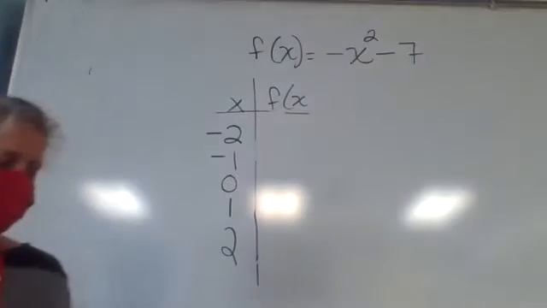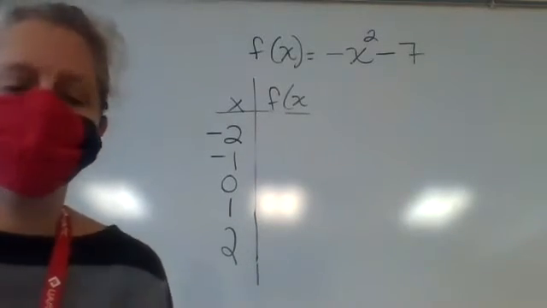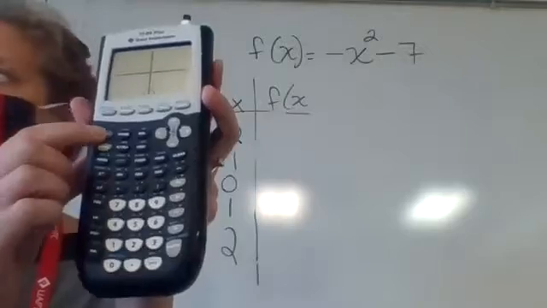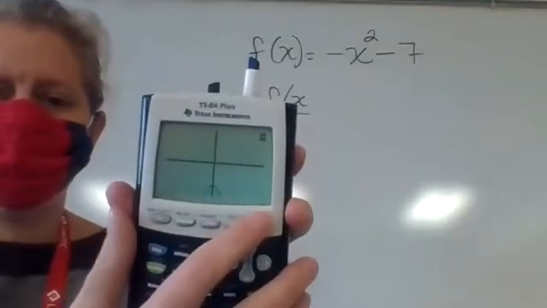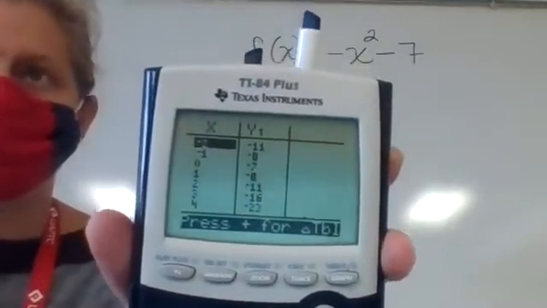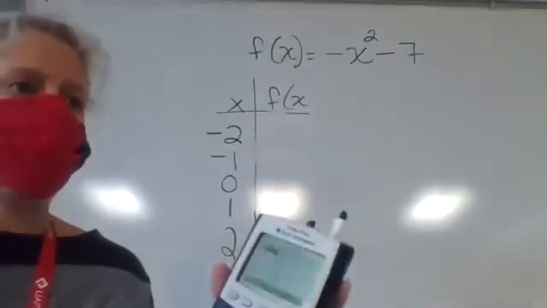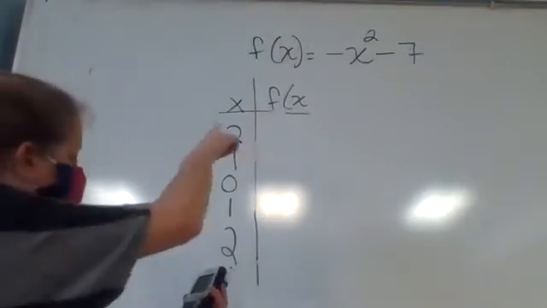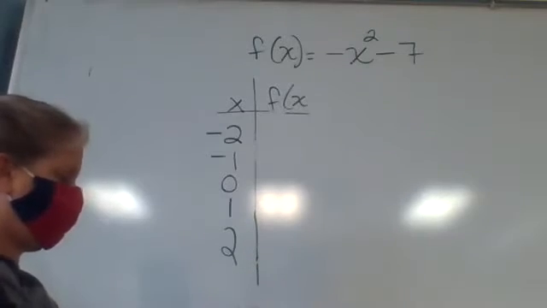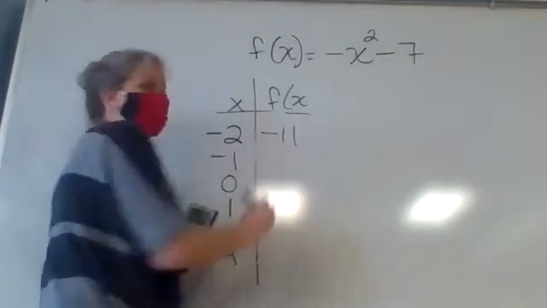So let's see. Where do I get to my table? Second graph. Good. There's all your numbers that you need to fill out the rest of your graph. So then you're just using these numbers and picking the y's that go with them. So what goes with negative 2? That's right. Negative 11.